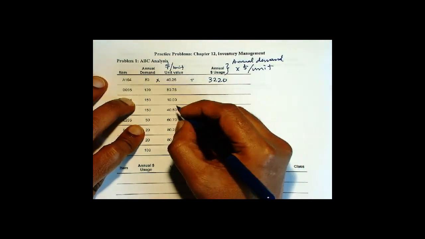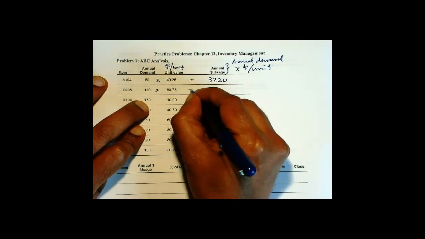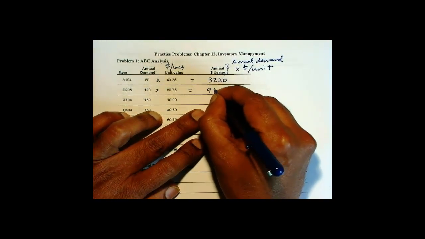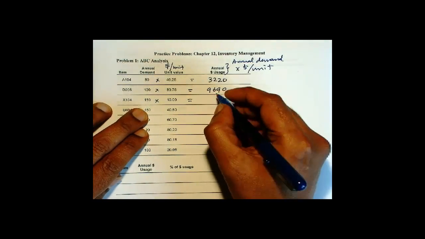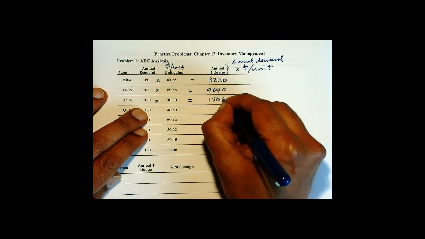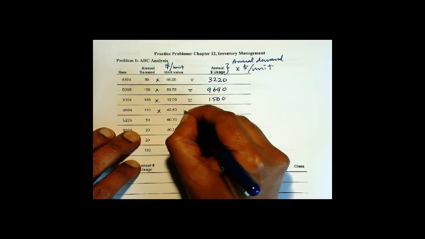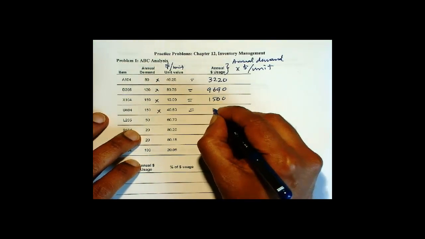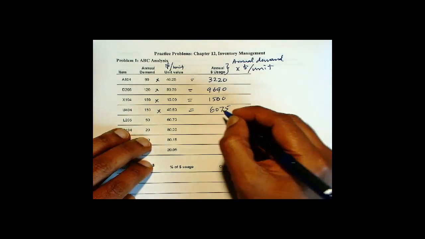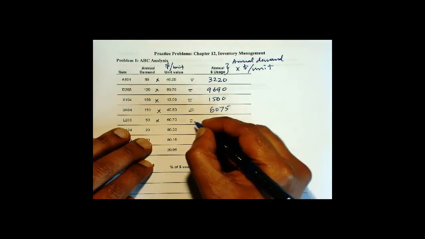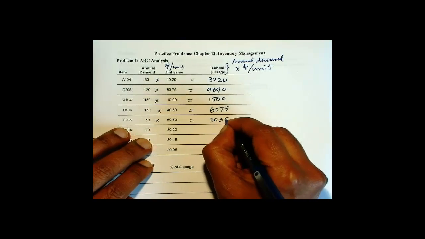So times, 9690. So this is 1500. This is 6075. Then I get 3035.